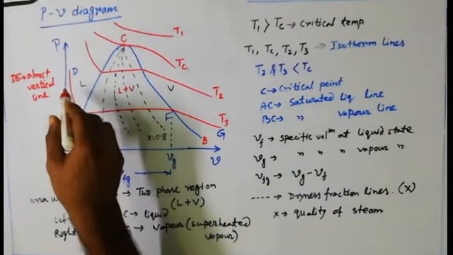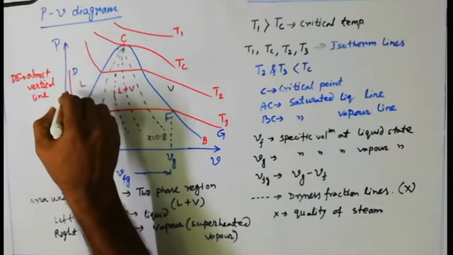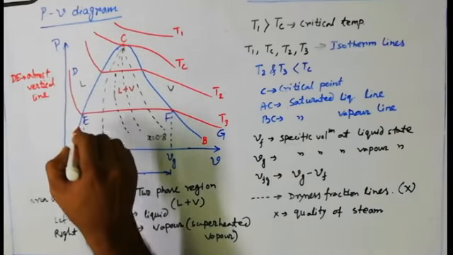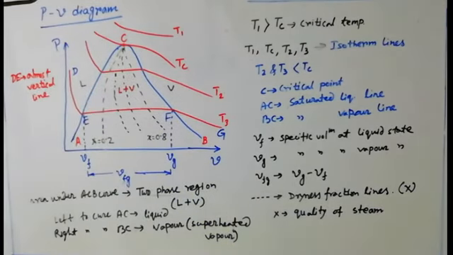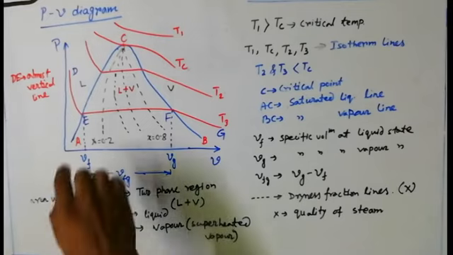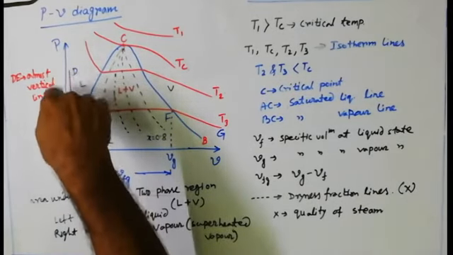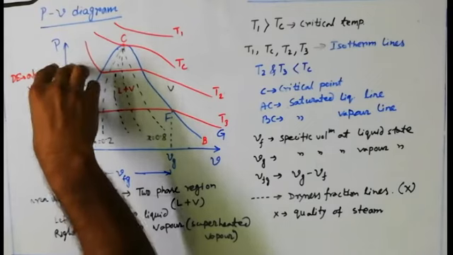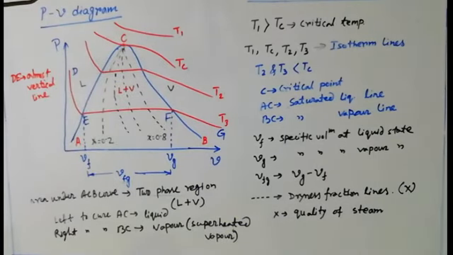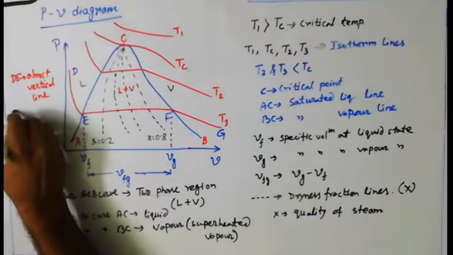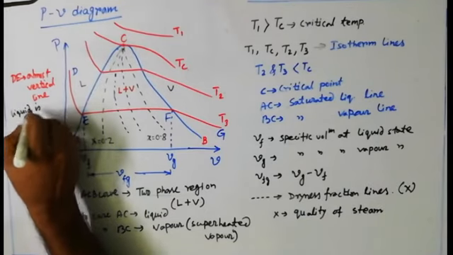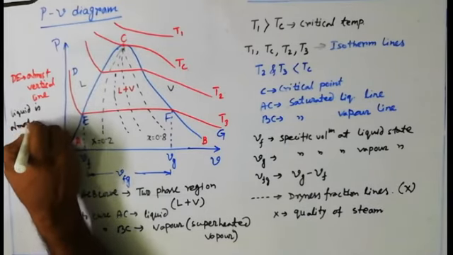That means with the change of pressure, if the pressure is increasing or decreasing, the specific volume change is not going to be remarkable. It is almost constant. Why is it occurring? Because I know that this region is the liquid region and this line DE falls in the liquid region, and liquids are basically incompressible. The reason why it is vertical is that liquid is almost incompressible.